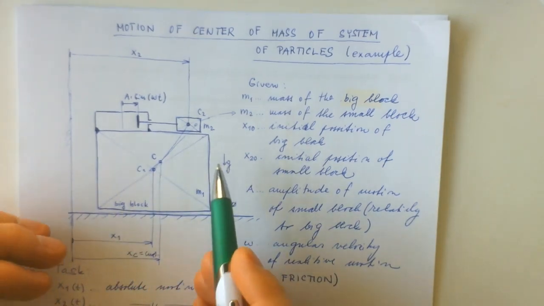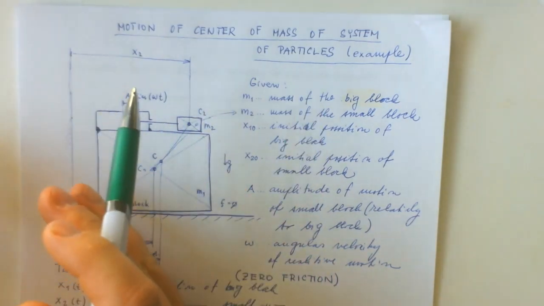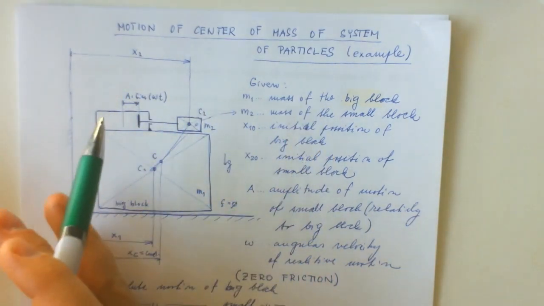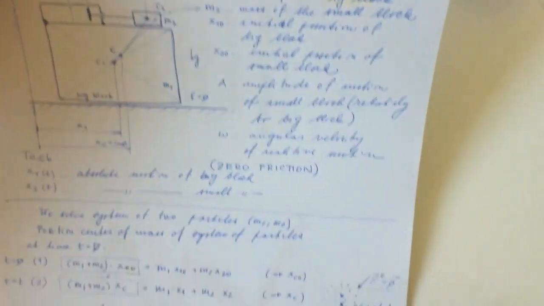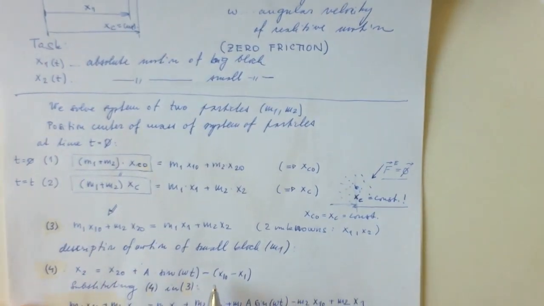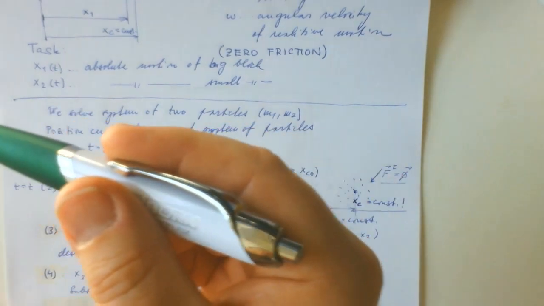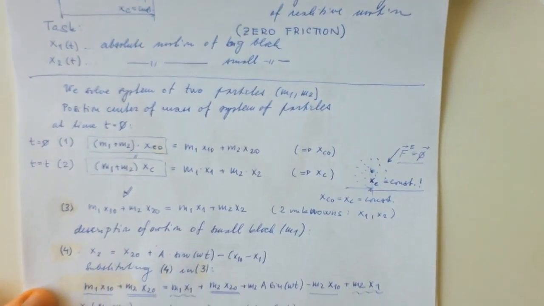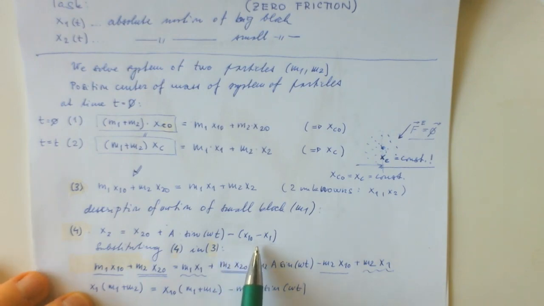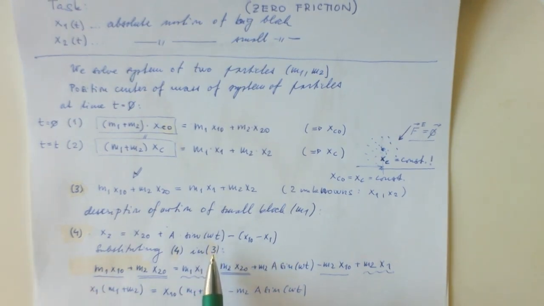And the whole system is going back, so I need to subtract this part. So the big block moved about this to the left, in this direction. Please try to think about it. I hope you will understand it.